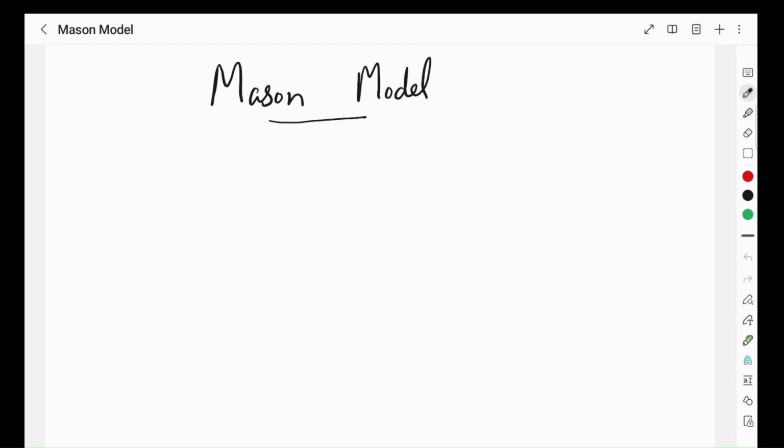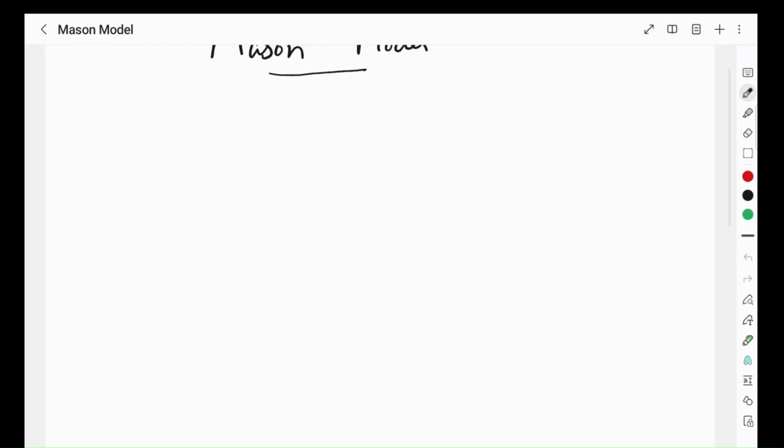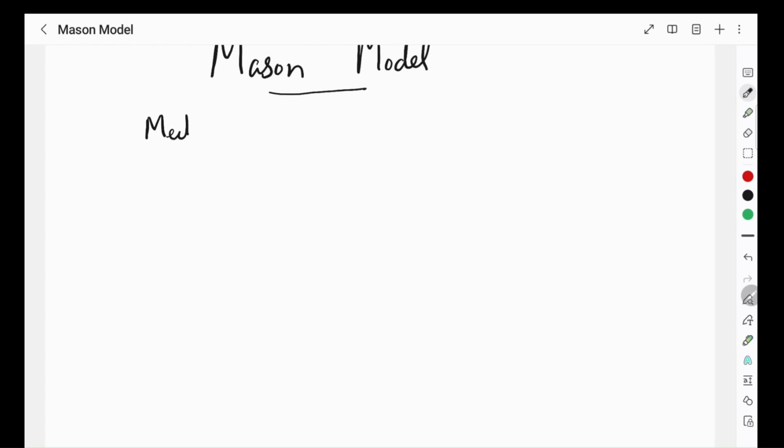Before actually going to the Mason model, I'll tell you about the analogy between mechanical and electrical, because that is something we will be needing as we move forward in this video. Whenever you are looking at these resonators, or at a piezoelectric material, or at the conversion of one model to another, the analogy is: voltage, then displacement is charge in electrical.